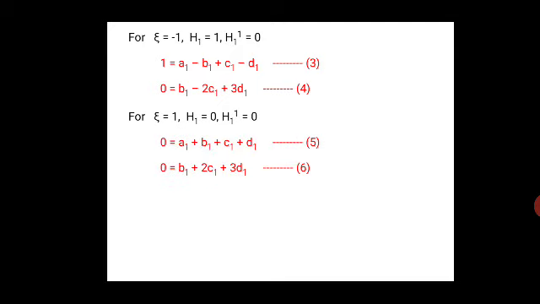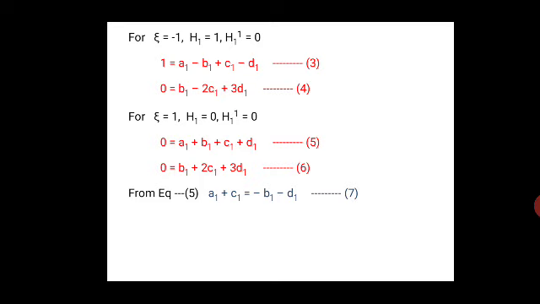Substitute these in equation 1 and 2. Then we have 0 is equal to a1 plus b1 plus c1 plus d1. Write this as equation 5. And similarly, for H1 dash, we have 0 is equal to b1 plus 2c1 plus 3d1. Take this as equation 6.